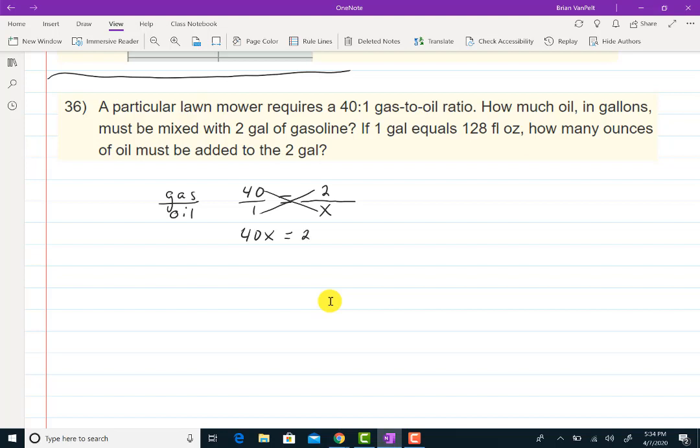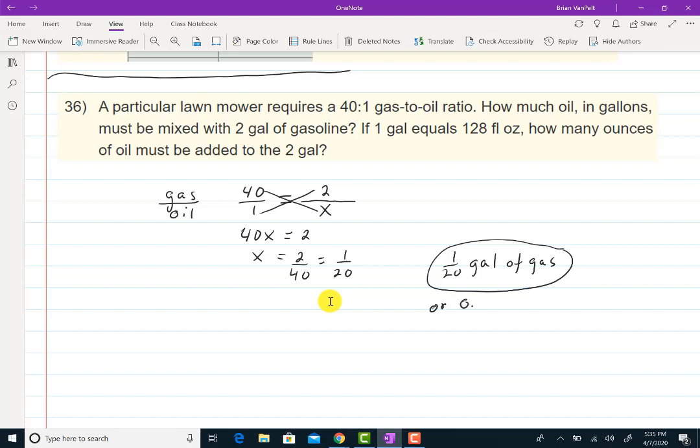So if I divide by 40, I can simplify that to write 1 over 20. So my answer is 1/20th of a gallon. If you had wanted to, you could have done the decimal for this. I'll let you do this on your own.